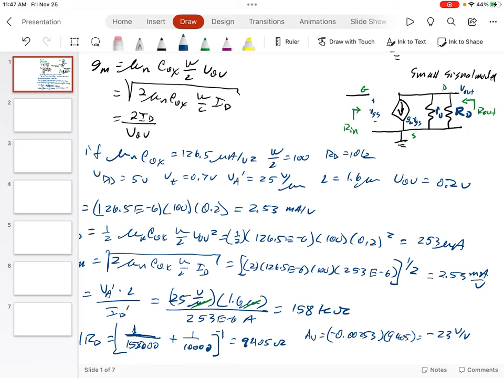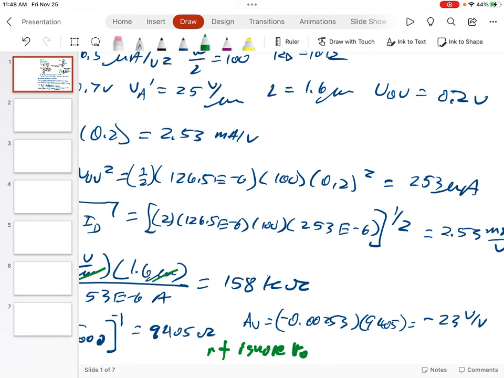In this case, this value of R naught is quite large compared to RD, and if we ignored R naught, so that AV is minus GM RD, if we put those values in, we'd get minus 25.3.